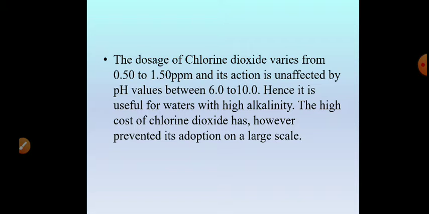But the most important drawback, or you can say restriction, of using chlorine dioxide is, number 1, it has to be prepared in situ at the time when it is required, and number 2, it is costly. The cost of chlorine dioxide gas prevents its adoption on a large scale. Otherwise, chlorine dioxide is one of the best methods of treatment of water, that is chlorination. So that is all about the various methods or forms of chlorination.